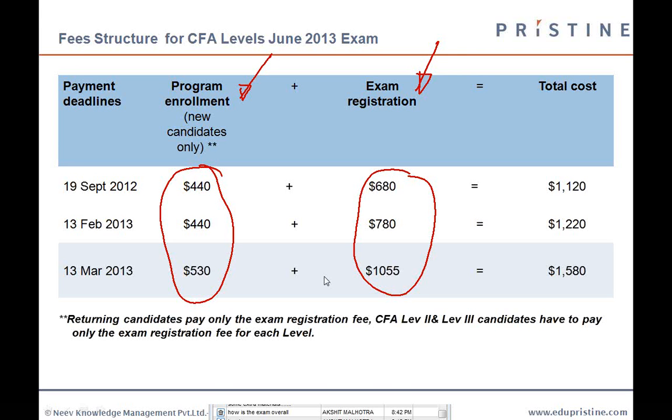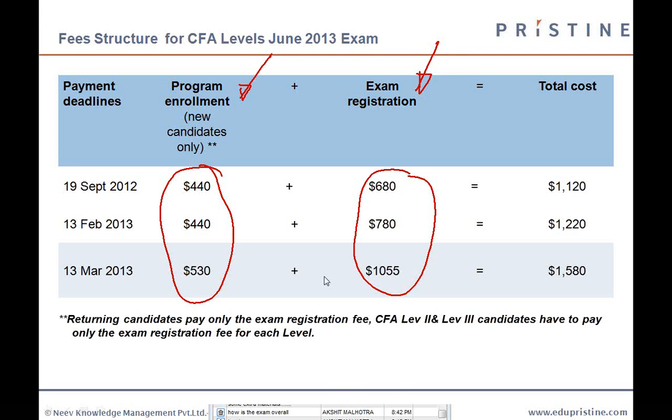So the real power of Pristine, in my opinion, is the interaction that you get with the faculty. Study materials of Pristine are definitely useful, but I don't think they are that comparable to other notes such as Schweser or stuff like that.